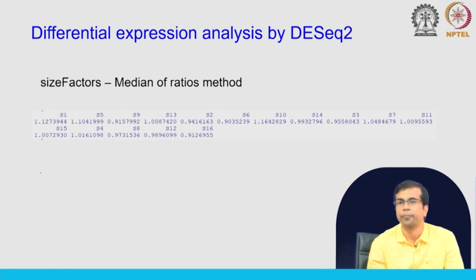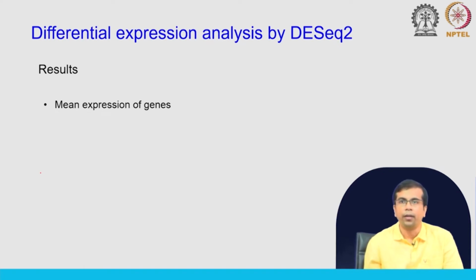You remember this count modeling, which is proportional to the fraction of molecules in the cDNA library, multiplied by the size factor, s_j. So, these are the size factors for these samples. Now, in the results part, we will get the mean expression of genes.